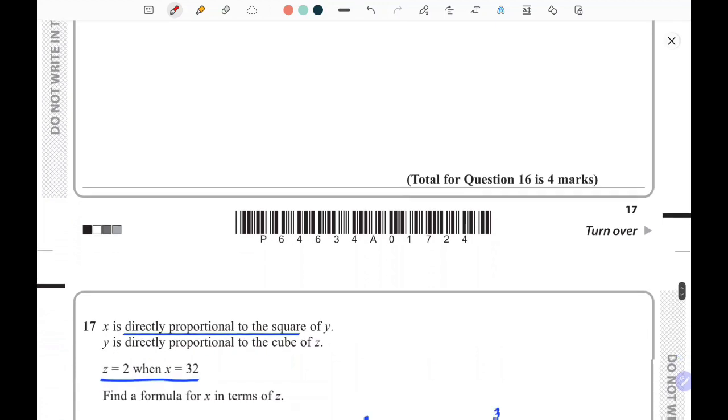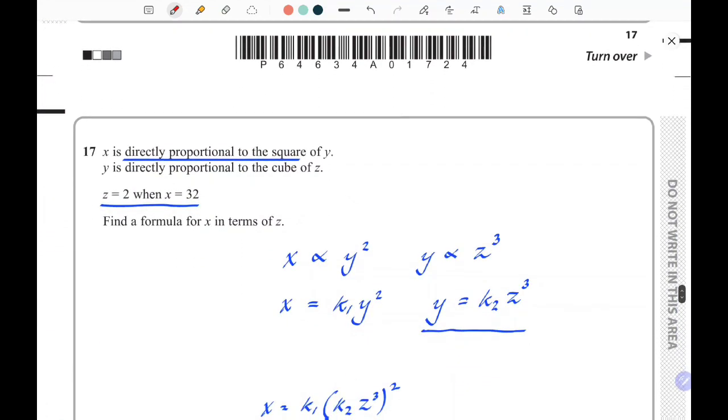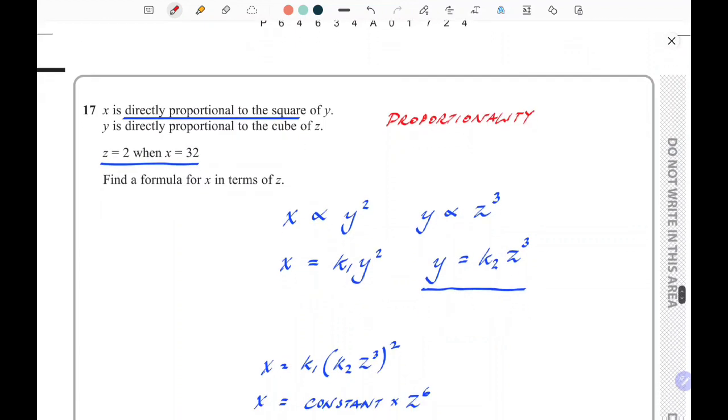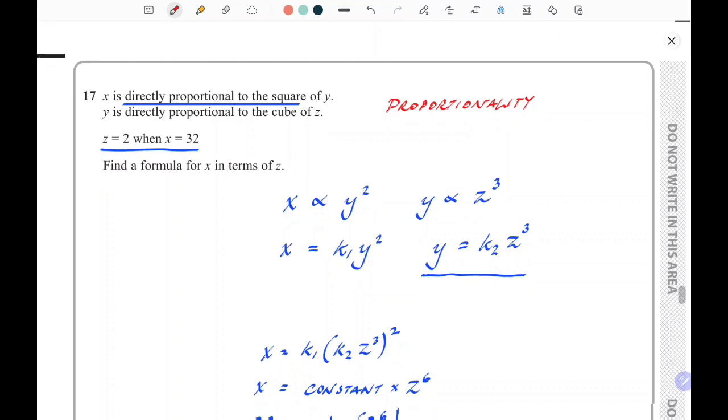Okay, next one, number 17. We're back to the proportionality. So these are all the proportionality questions, if you wish. Again, a little more complex than they've had in the last 2 or 3 years of exams.